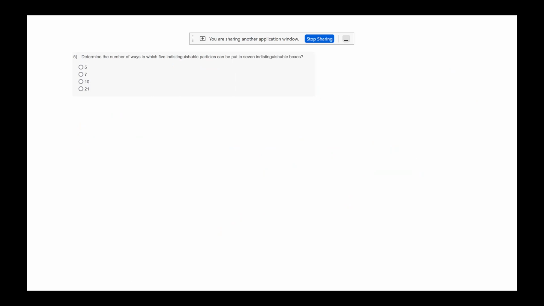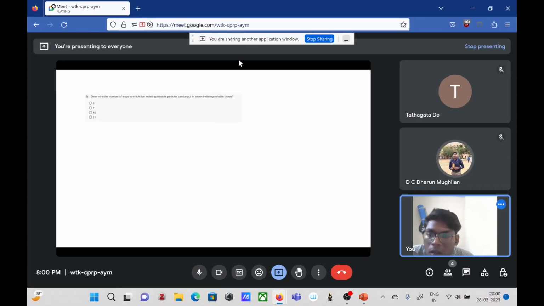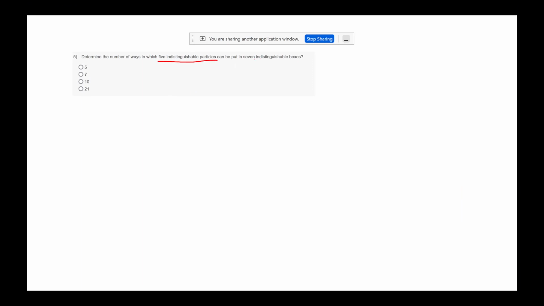So this is now the last question of this session. Determine the number of ways in which 5 indistinguishable particles can be put in 7 indistinguishable boxes. So there are 5 indistinguishable particles and 7 indistinguishable boxes. How many ways can we put them?